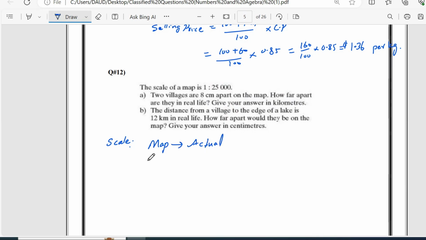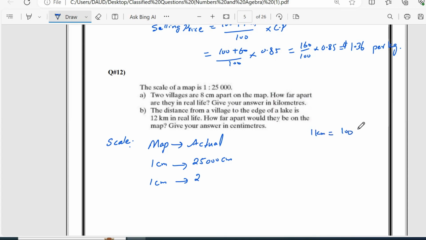On the map we have 1 centimeter and 25,000 centimeters. Keep 1 centimeter the same, but change 25,000 centimeters into kilometers because it is the requirement of the question.